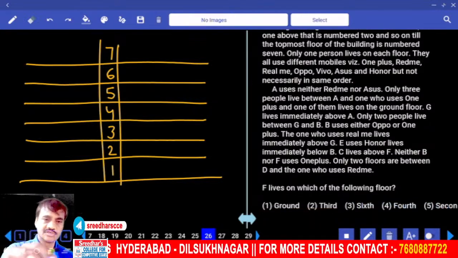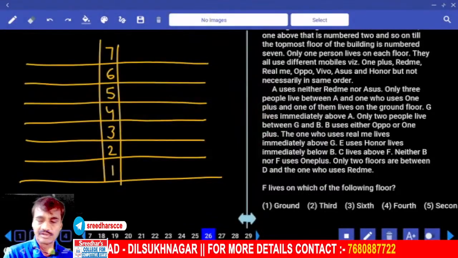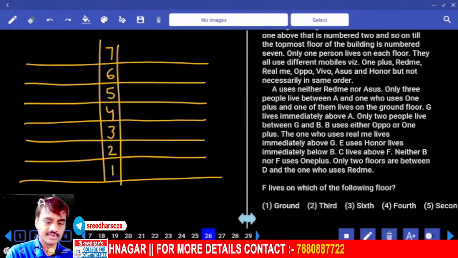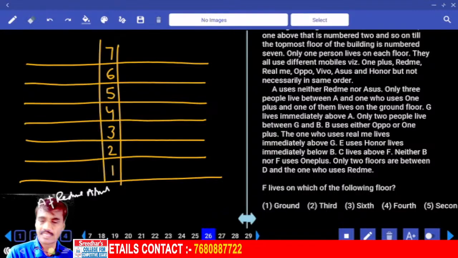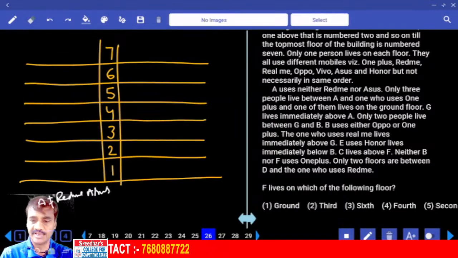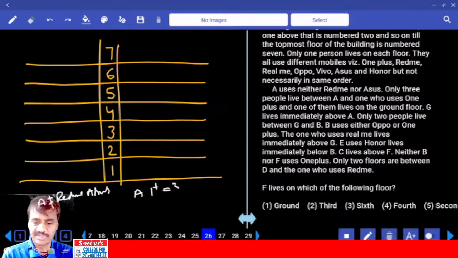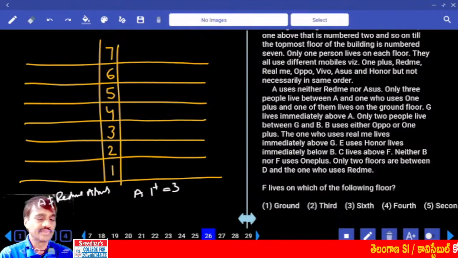A uses neither Redmi nor Asus. Then there are exactly 3 people between A and 1+. Now between A and 1+, exactly 3 people. And one of them lives on the ground floor.